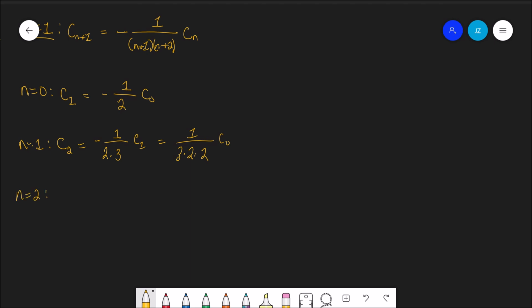N equals 2, c3 is negative 1 over 3 times 4 c sub 2. So we get negative 1 over 4 times 3 times 2 times 3 times 2 c sub 0. And I'll leave you to verify that if we keep going, we're going to get the same pattern as we got when r was 0.